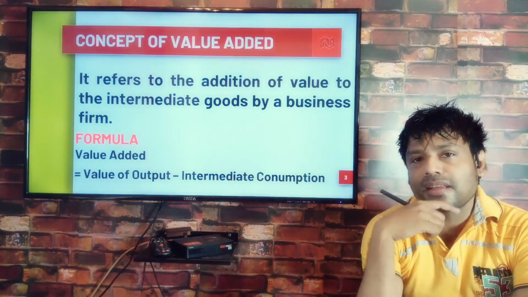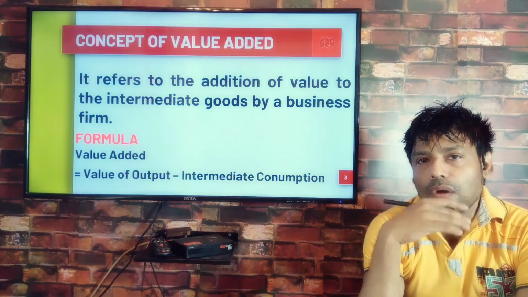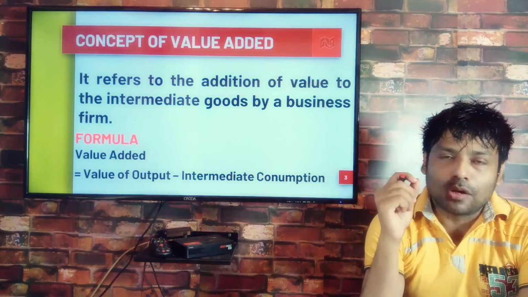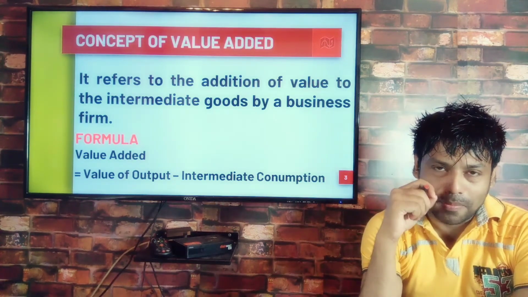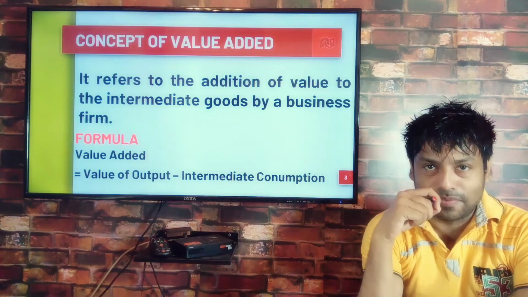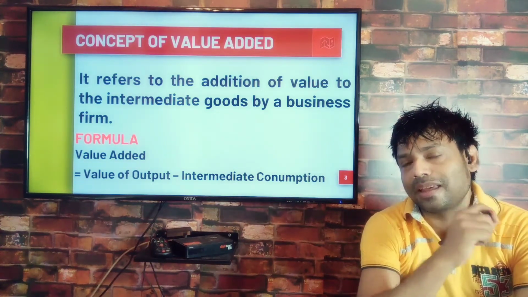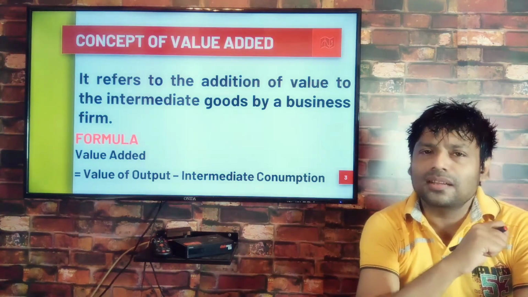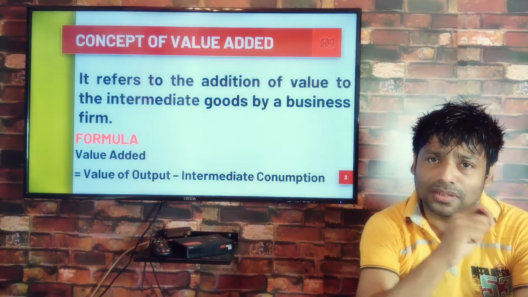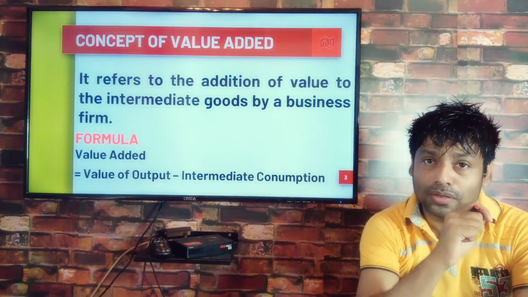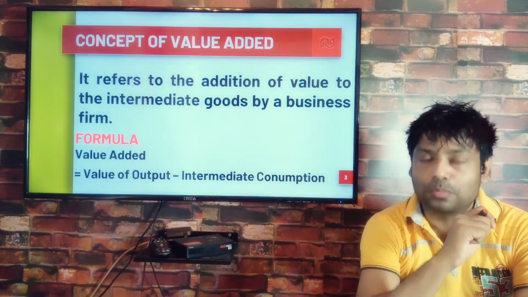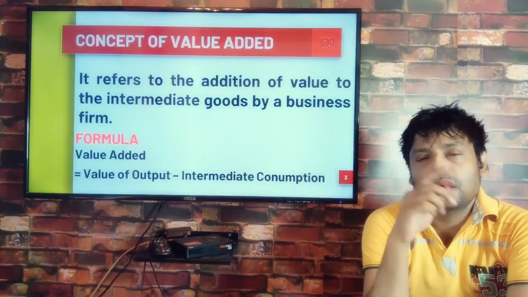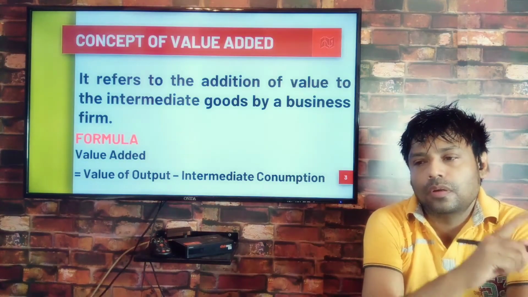Here, value of output stands for the market value of goods and services produced by a business firm during a financial year. On the other hand, intermediate consumption stands for the value of non-factor inputs like the value of raw materials.